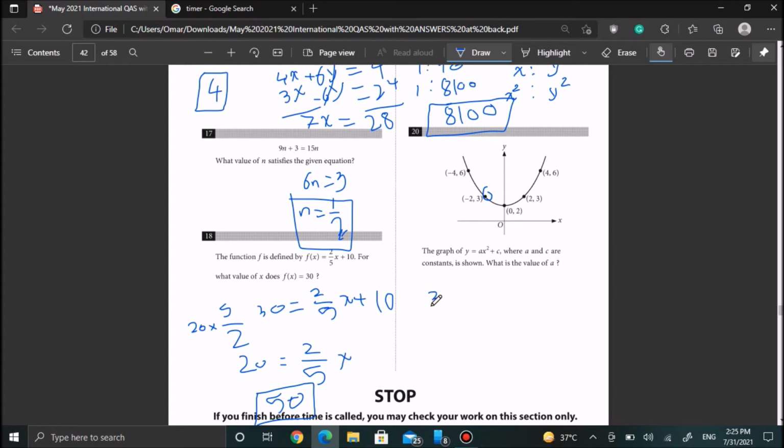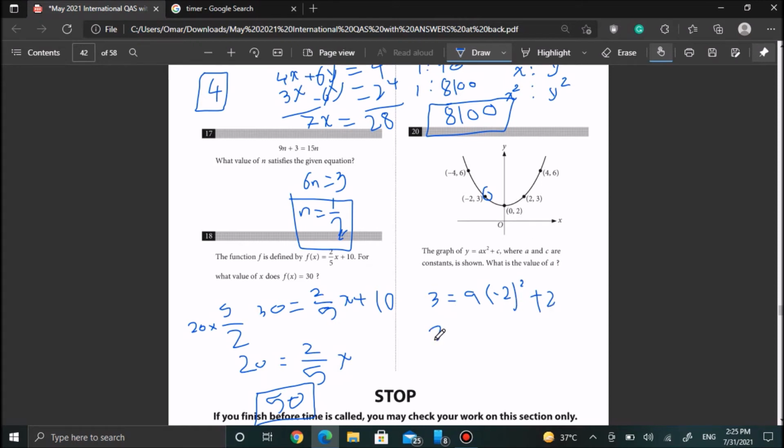So 3 equals a times -2 squared plus 2, right? That's it. And the reason I said c equals 2 is because c is the y-intercept and the y-intercept is 2. Good.